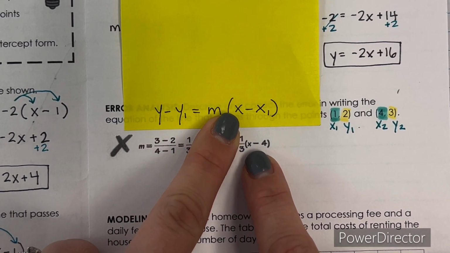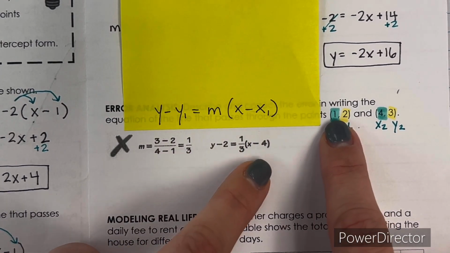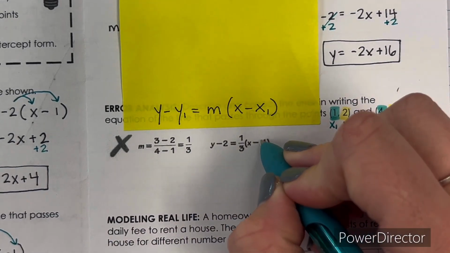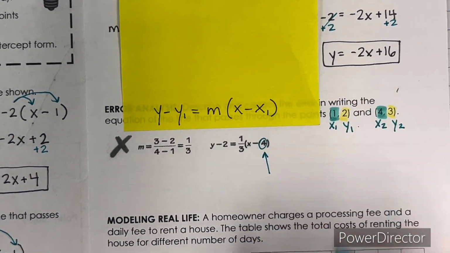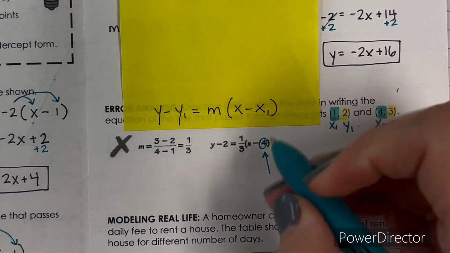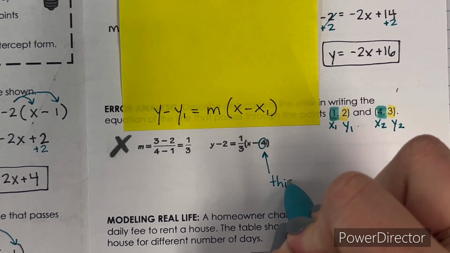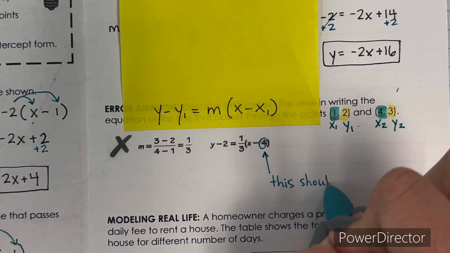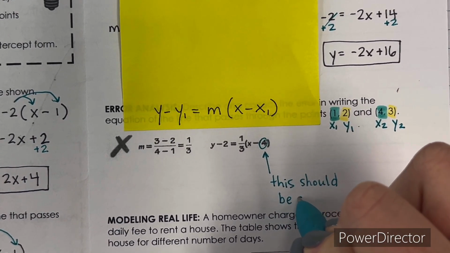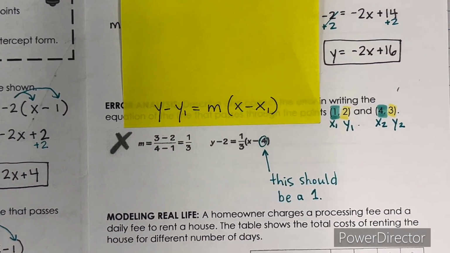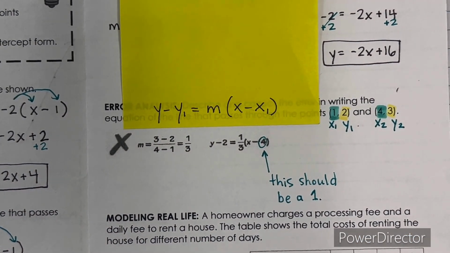And then on the inside, it's x minus x1. Well, x1 is 1, and they have a 4 right here. So the fix is we can just circle that 4 and say this should be a 1. That should be a 1.